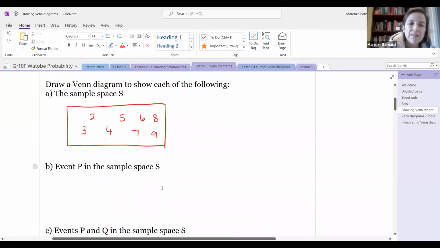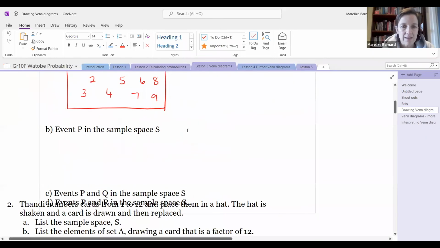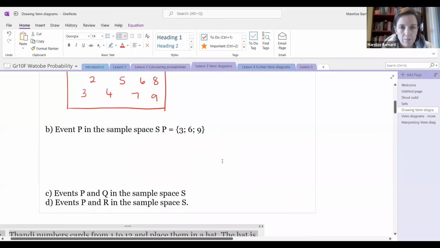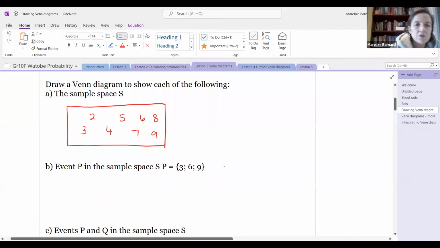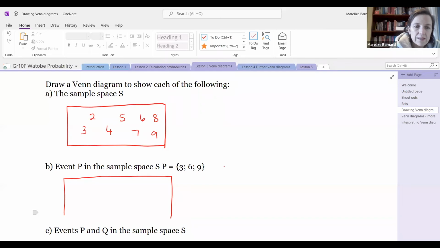Okay, now event P is in the sample space. So our event P is 3, 6, and 9. So what we're going to do is draw our sample space again. But within that sample space, we have this event P. And for an event, we make a circle, and we indicate in that circle all its elements.